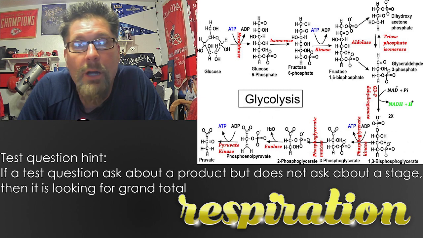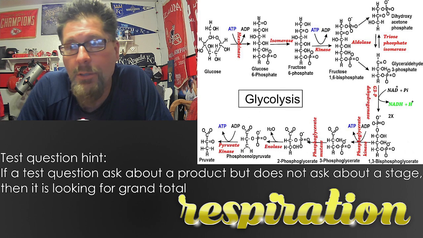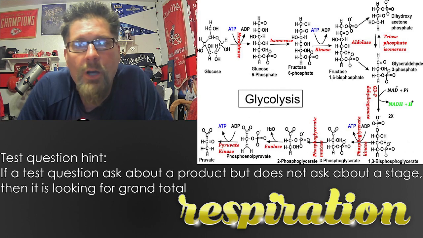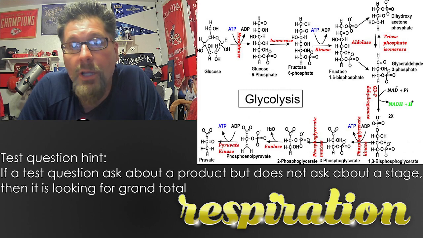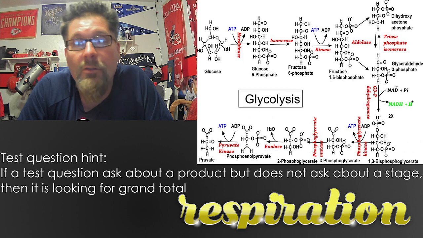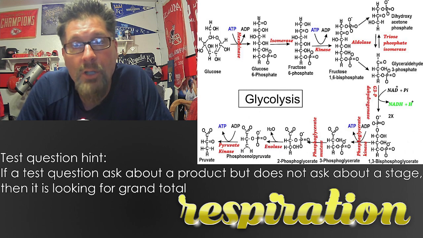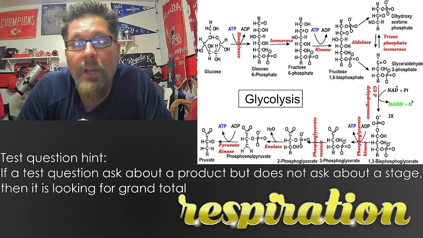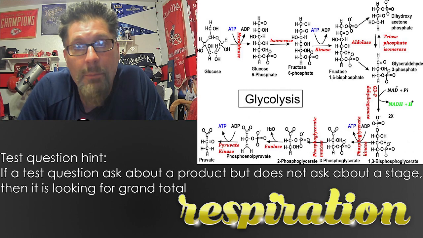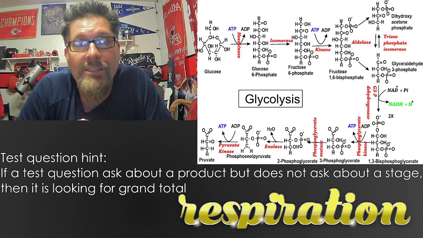But let me talk about a test question hint, because it always comes up. Somebody gets caught by this. The multiple choice questions can talk about the breakdown of glucose in products in a couple of ways. It can mention a particular stage like glycolysis, like Krebs cycle, like ETC or chemiosmosis. If it mentions a particular step in the process, then it wants only end products for that step.